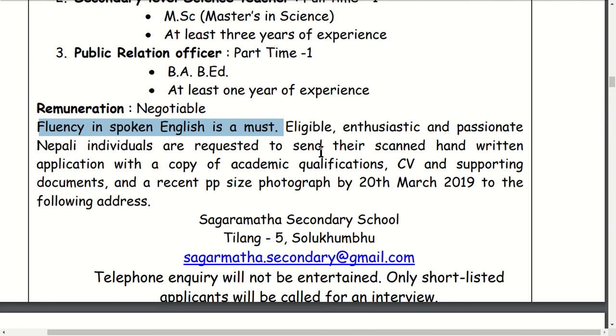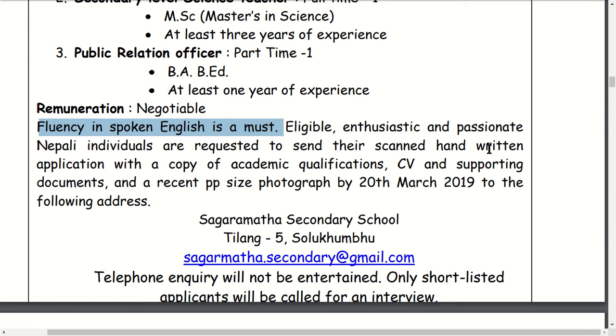Okay, who can apply? Authentic, passionate Nepalese individuals are requested to send their application. Handwritten applications: an applicant should not type his application on a computer. He should write with his hand.